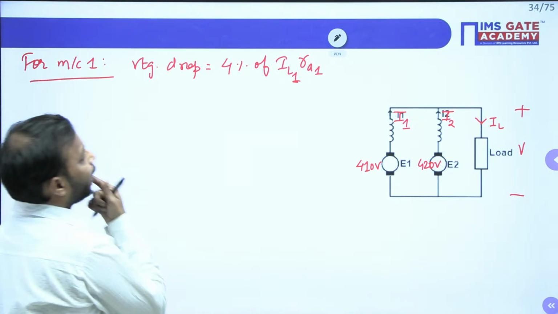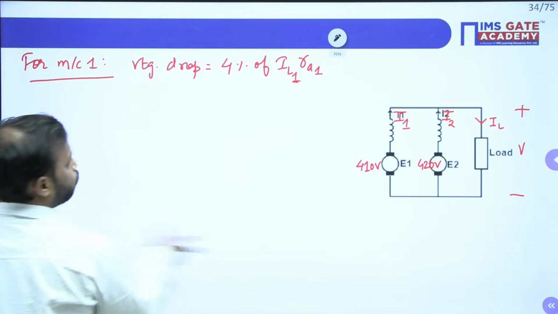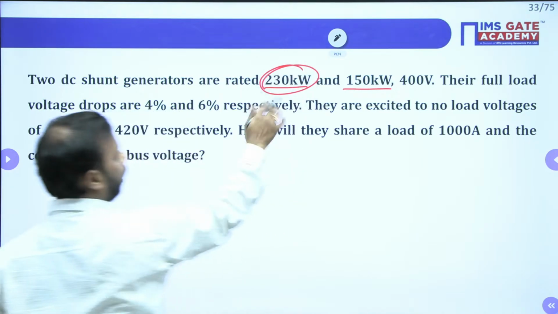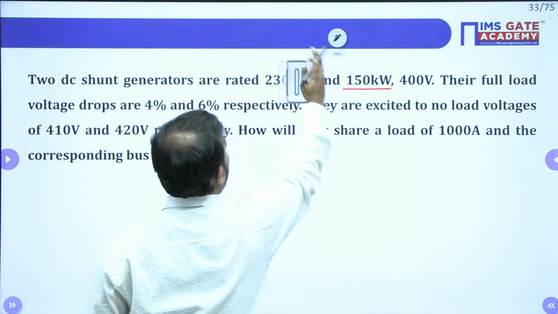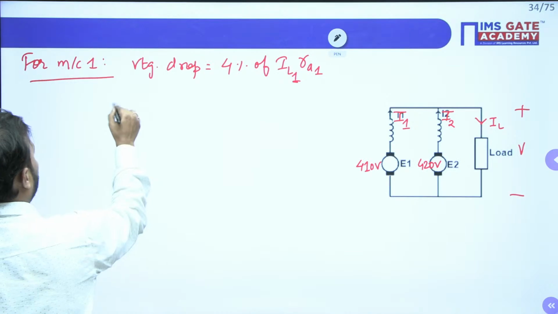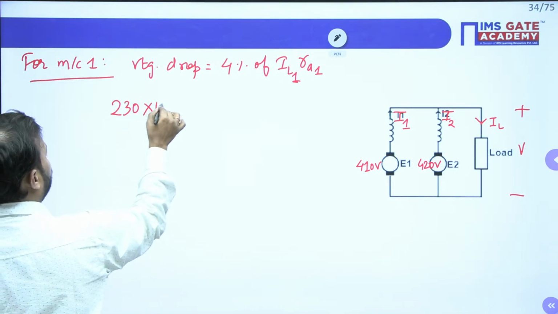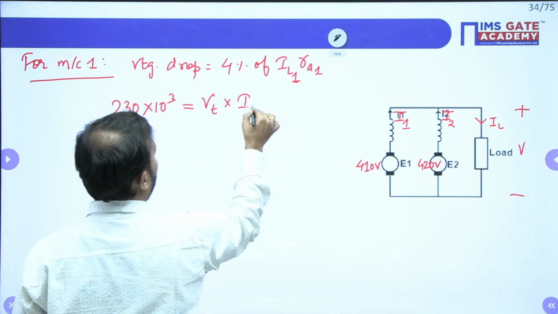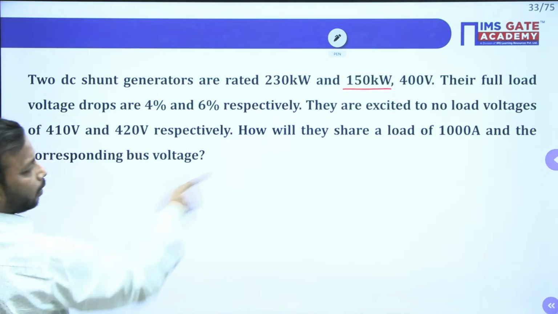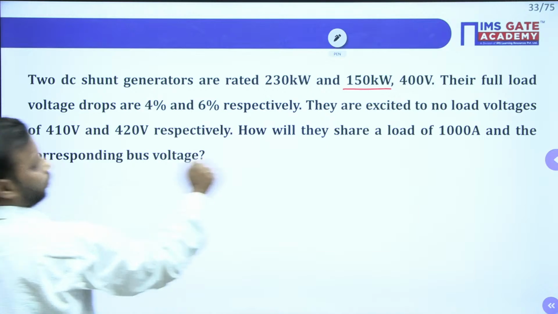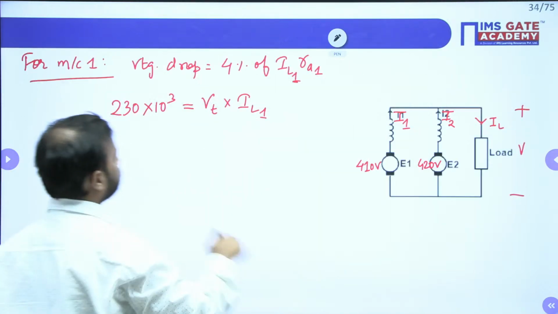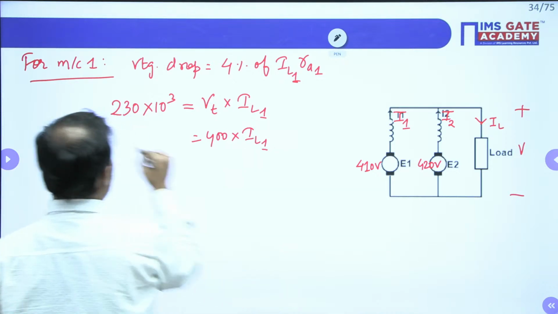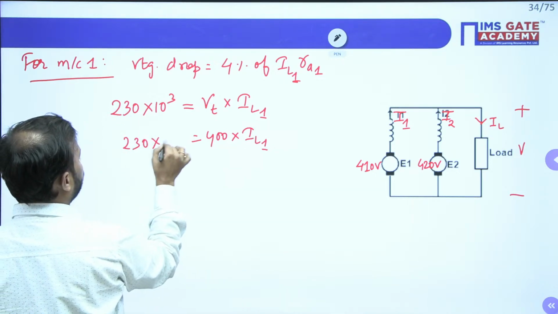Now how to calculate IL1? From this part we can calculate. This is the rated power of the first generator. So 230 kilowatt is equal to VT into IL1. What is VT here? 400 volt. So 400 into IL1 equals 230 into 10 to the power 3.